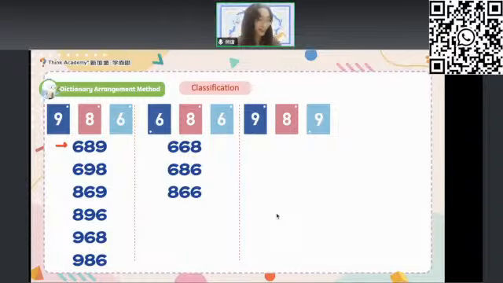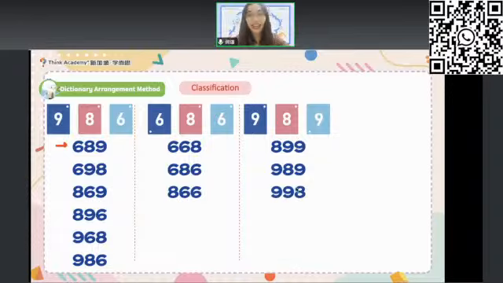Smallest. Okay, correct. Smallest one, of course, we just put the digit 8 first, right? 8 is smaller than 9, okay? So following this, you can see 899, and then 989, and then move on, the biggest one is 998.